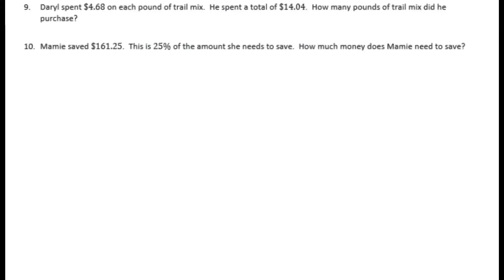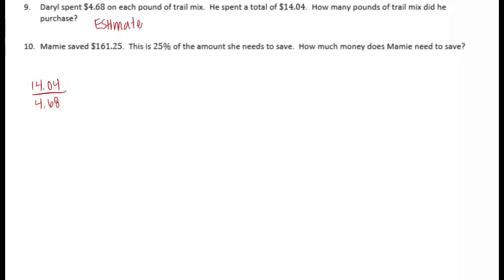Number 9, Daryl spent $4.68 on each pound of trail mix. He spent a total of $14.04. How many pounds of trail mix did he purchase? Okay, so first I'm going to estimate. So it's about $14.04 divided by $4.68.